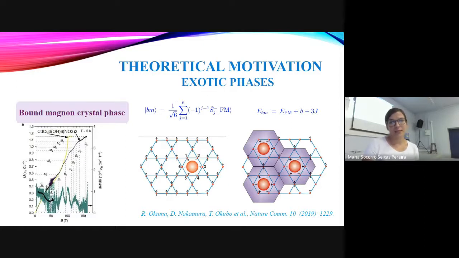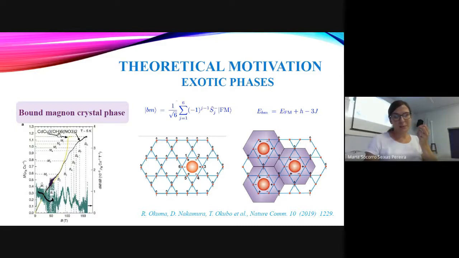The other exotic phase, which I will explain here, can explain the last plateau which was measured for this compound. And here is a magnetization curve measured up to ultra-high magnetic fields. This last plateau can be explained by a localized magnon, which is shown. This is an experimental realization of the Kagome lattice.